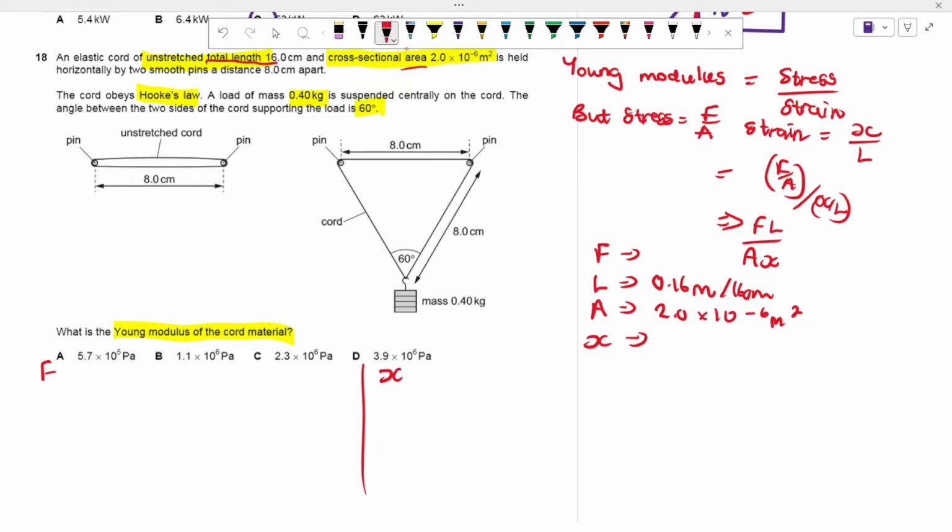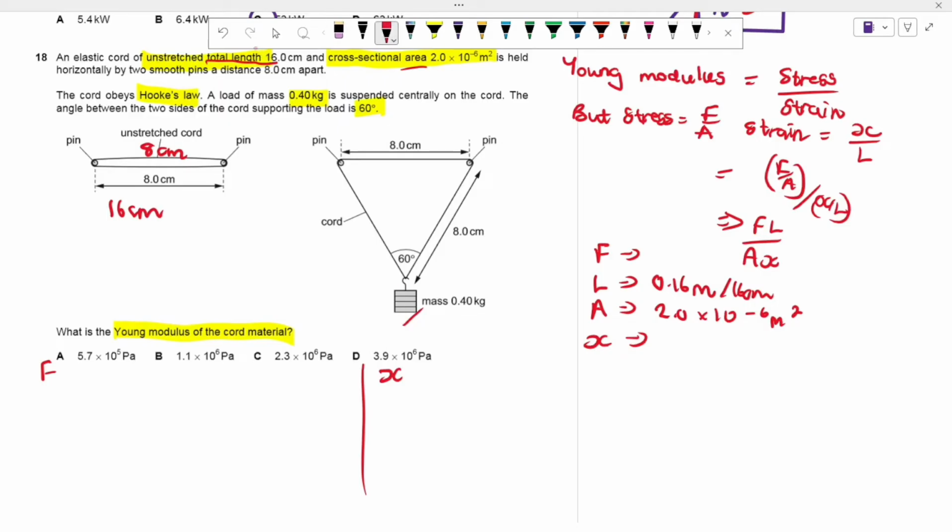Physics is about thinking. If I have 8 centimeters here, when it's unstretched, it also means I have 8 centimeters on the top. So in total, I have 16 centimeters, which is what the question had told me. But look at this. I've put a mass here, and my wire has extended.